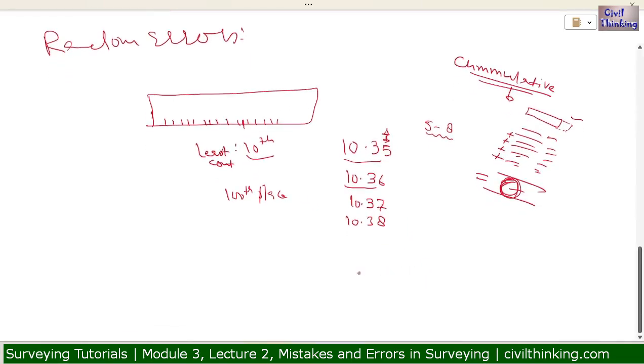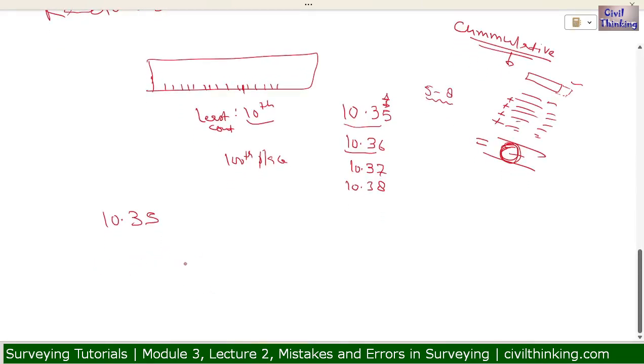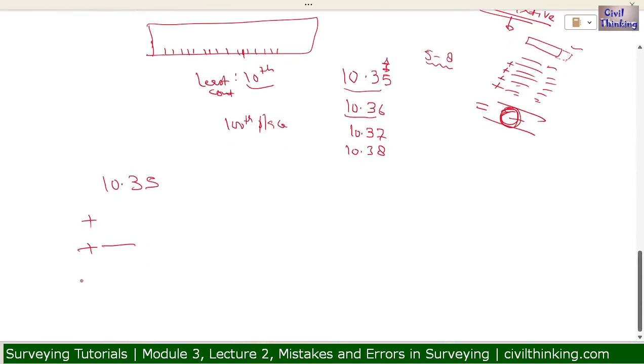Why? Because surveyors sometimes guess one number higher, let us say 10.35. On another measurement, they will guess lower. On another measurement, higher, maybe on another lower. So high, low, high, high, low, low.